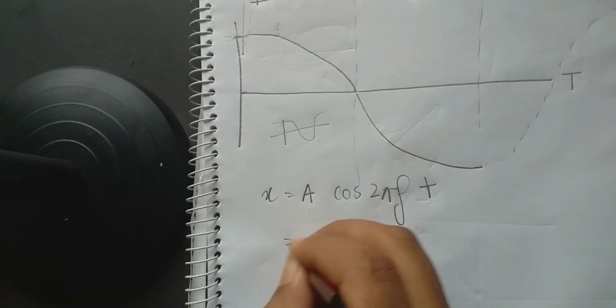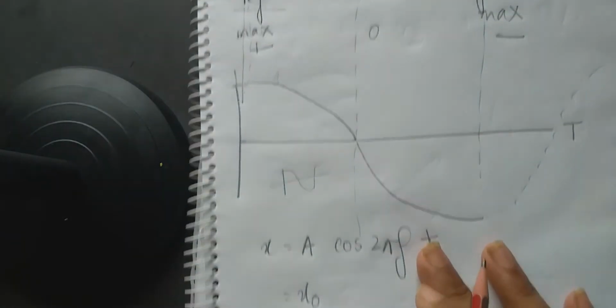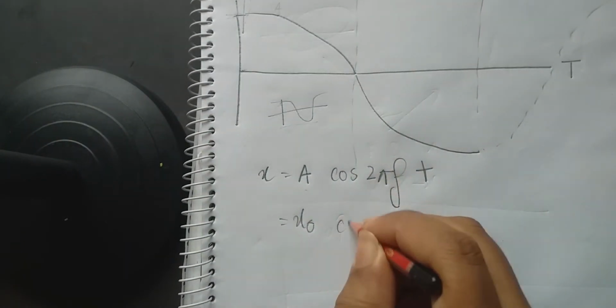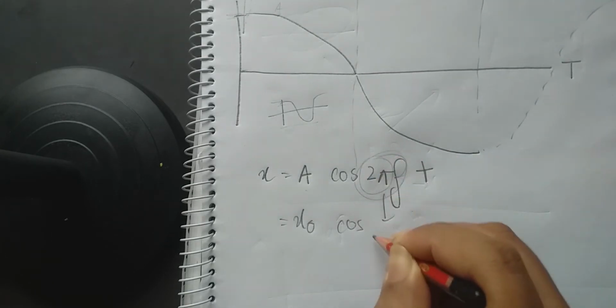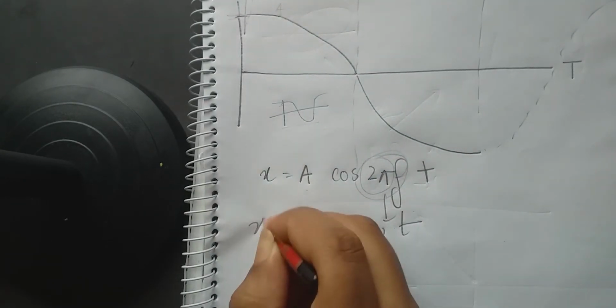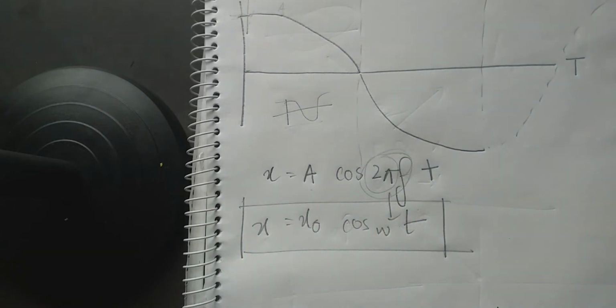So instead of a, what you can write is x naught, which is also the amplitude, or the maximum displacement, times cos, and 2 pi f is actually omega. So hence we derive this equation for displacement, x equals x naught cos omega t. But if you want to really know how the derivation arrives, I will make a separate video for that.